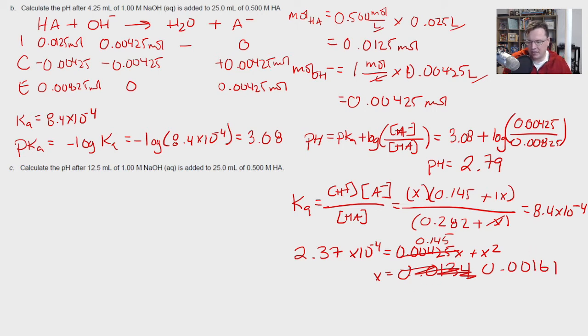Take that number and divide it by 0.282. It's actually 0.5%, so it's not outside of the 5% rule, and we don't have to worry about that.